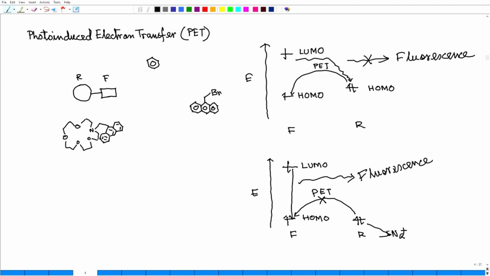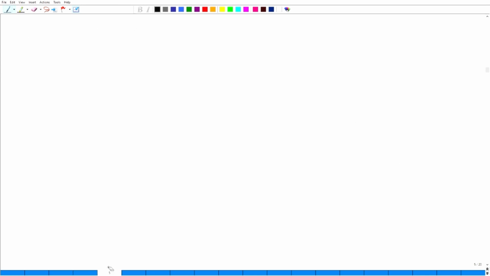Okay. So I will show you. Now, what is the important point? I have to synthesize a receptor which is very specific for a particular metal ion. If I have to sense a metal ion, I have to synthesize a macrocycle which selectively binds a particular metal ion.